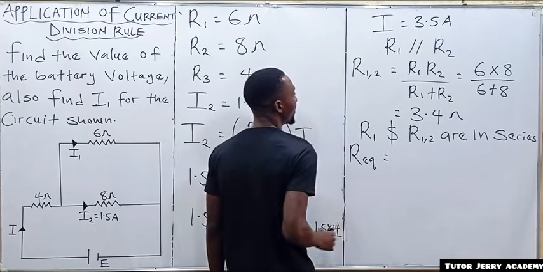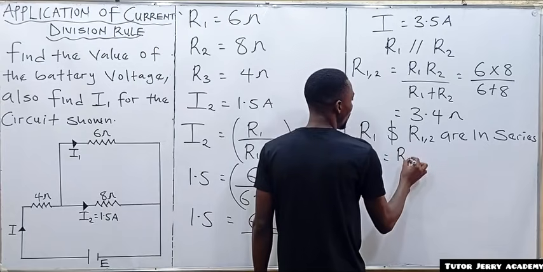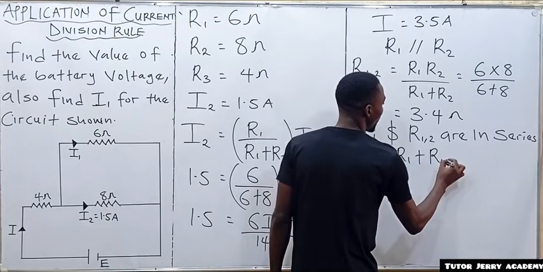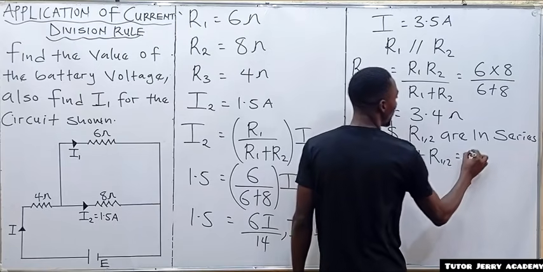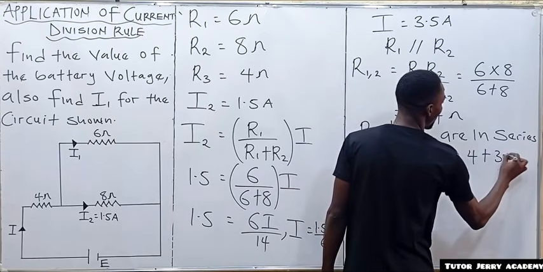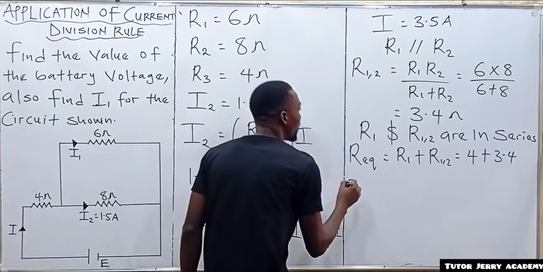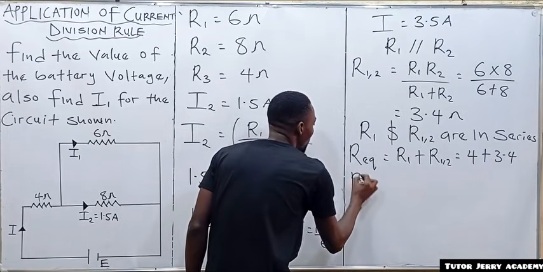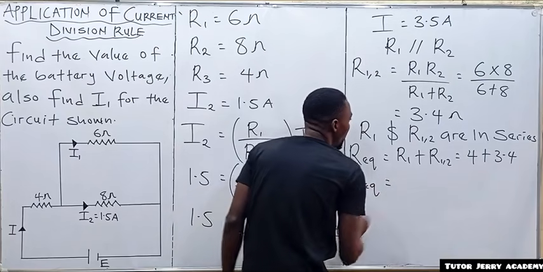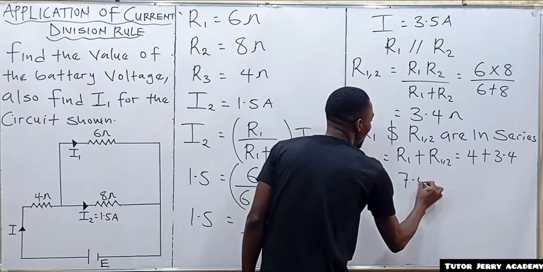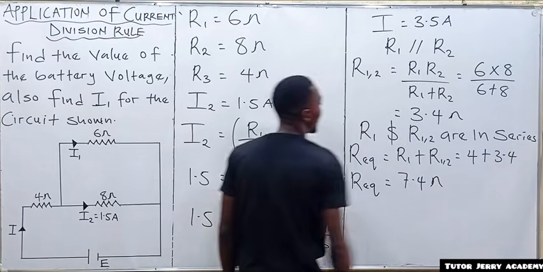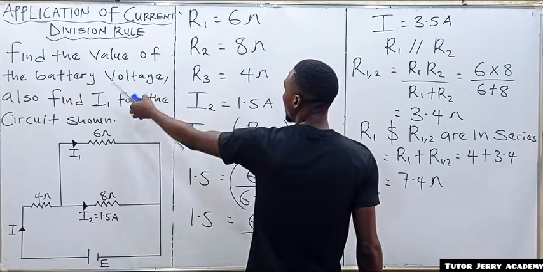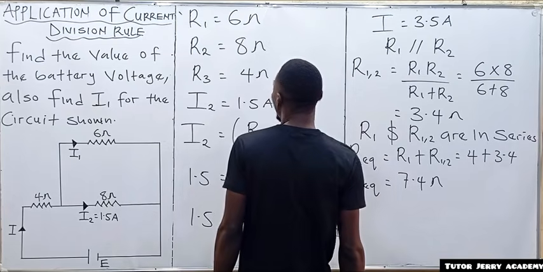The equivalent resistance is going to be R3 plus R1,2, which is 4 plus 3.4, and 4 plus 3.4 is 7.4. So the equivalent resistance is 7.4 ohms.